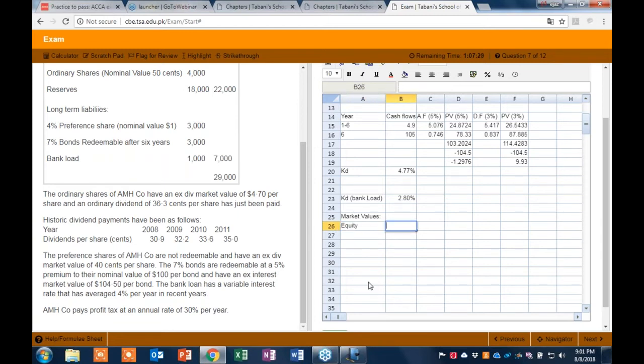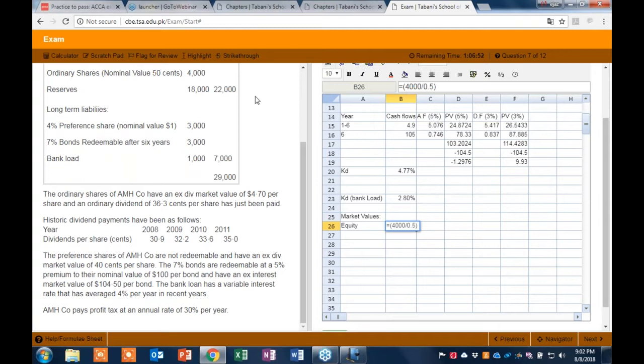How many shares do we have in issue for equity? It's $4 million par value, each share having a value of 50 cents par value. So to calculate the total number of shares, we need to divide this 4 million by $0.5. Remember, to calculate the total number of shares, divide the total par value by the par value per share.